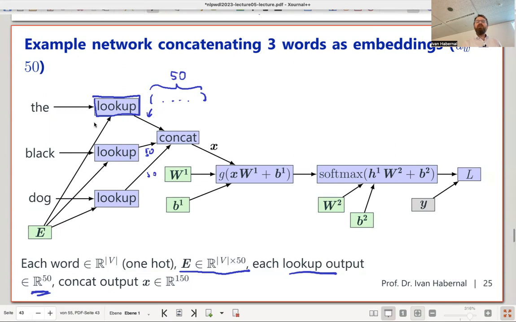Theoretically, we could have E1 here, E2 here, and E3 here. We can have three matrices, but we have just one and share it. Why?